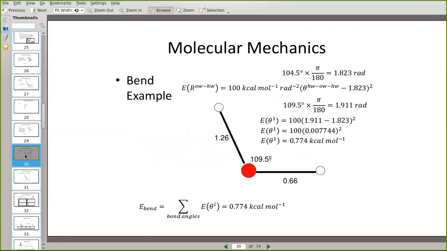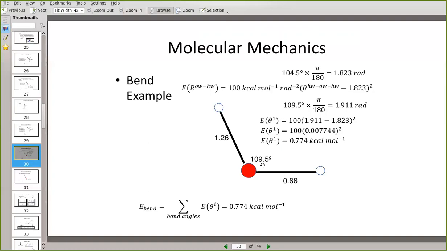So in our water example, it's interesting that I had the angle as being 109.5. What's interesting is that the equilibrium bond angle for water is 104.5. But be very careful of units, because in software, often the terms are all in radians. So I'm converting the equilibrium bond angle from 104.5 degrees to 1.823 radians.